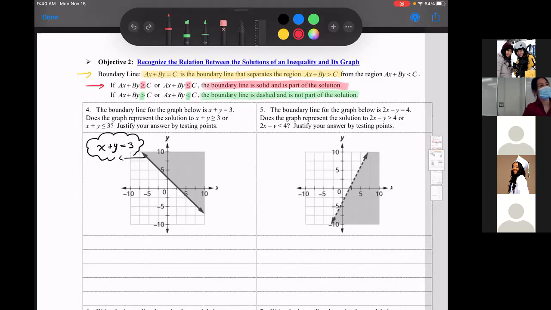How many scenarios for an equation? 3. Good. What are they? What are the scenarios for the solution? Good. You can have one solution, or you can have no solution.